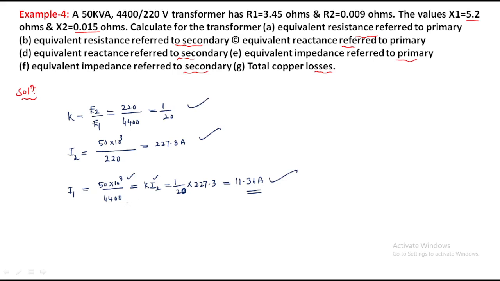So we all know that R1, R2, X1 and X2 are given. Therefore, the first part is the equivalent resistance referred to primary. We all know that R01 is R1 plus R2 dash, which is equal to R1 plus R2 by K square.